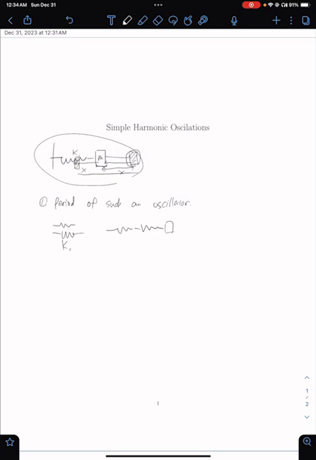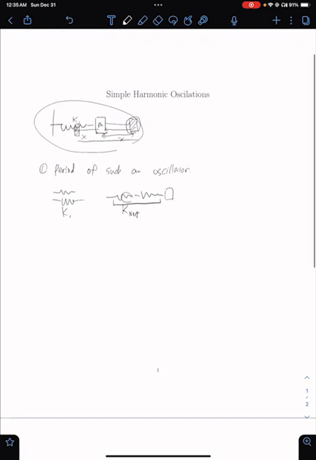So we can't really just say k, and I'm going to use k net in this case because we can basically determine the spring coefficient of everything that's attached to the block, not just this one spring. If there's more springs, the spring coefficient changes. So because of that, we're just going to use k net for that purpose.